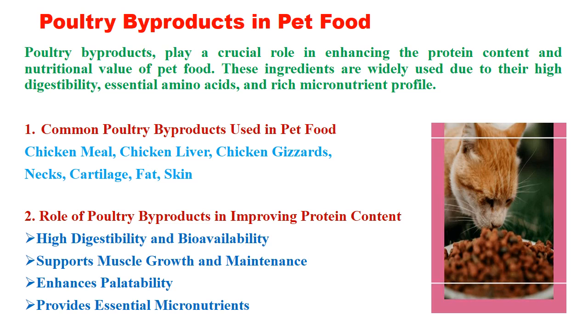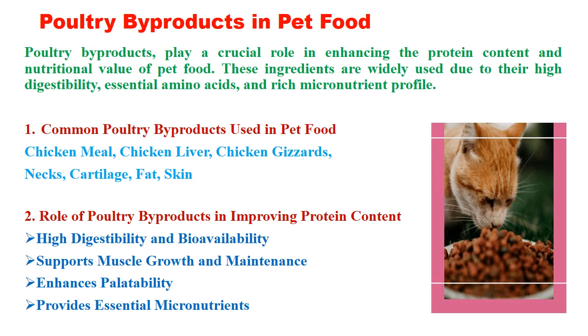The role of these poultry byproducts is improving the protein content, and their advantage is their high digestibility and bioavailability. These aspects we have discussed earlier, the bioavailability, that is how easily they are assimilated in the system.